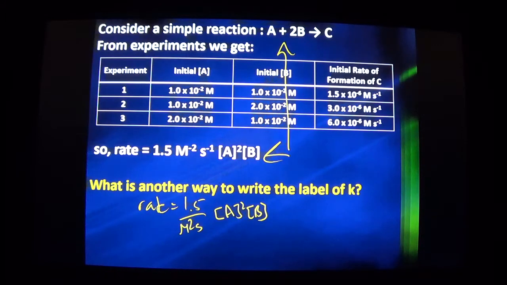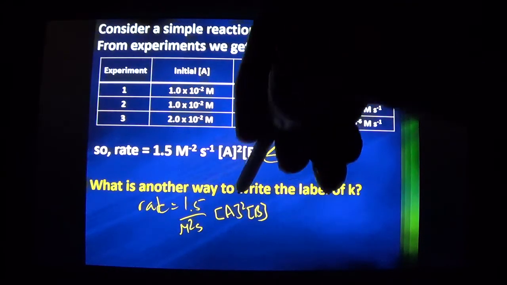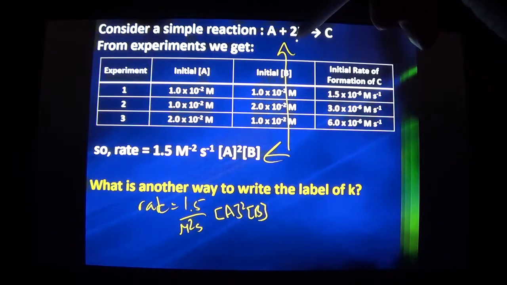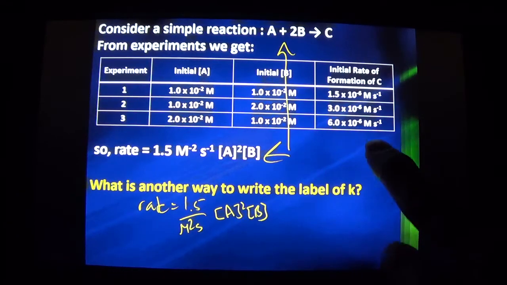Now I want to point out the coefficient in front of A is a 1, and that's a 2, and the coefficient in front of B is a 2, and that's a 1. No connection. Don't try to make a connection there. Please don't try to connect them.